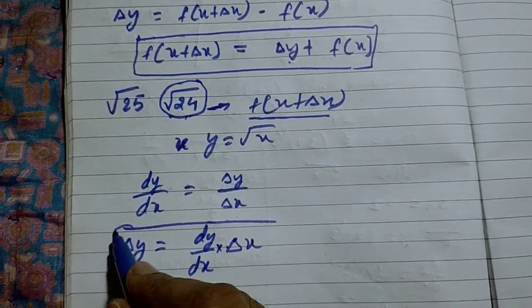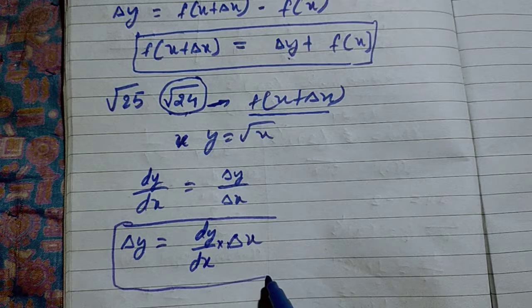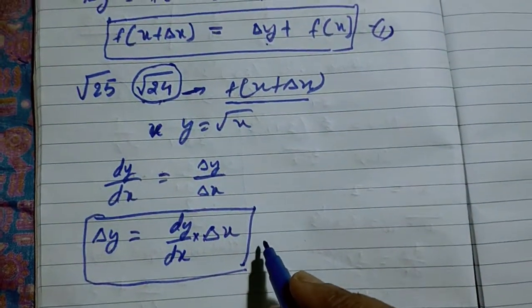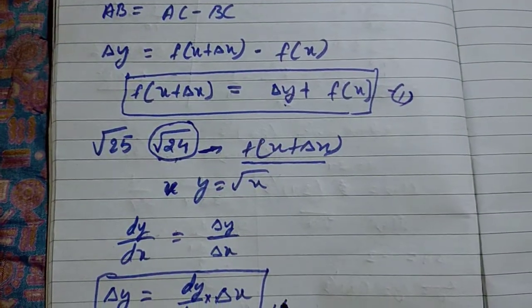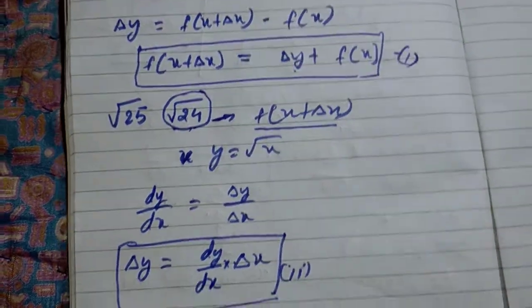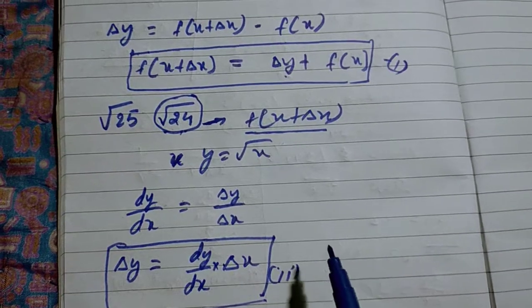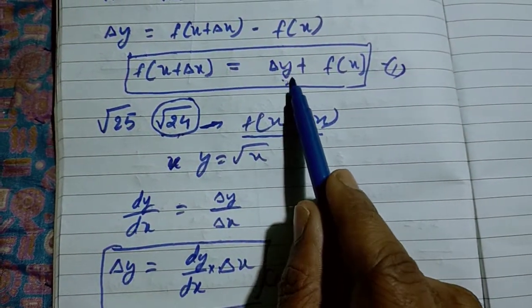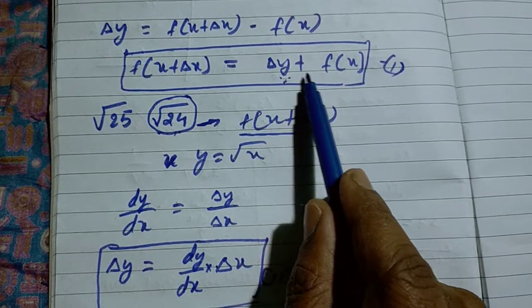This is the second formula we are going to use. Only these two formulas we are going to use. Just our focus should be to find delta y and f of x.